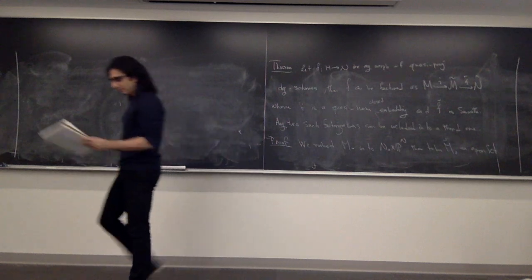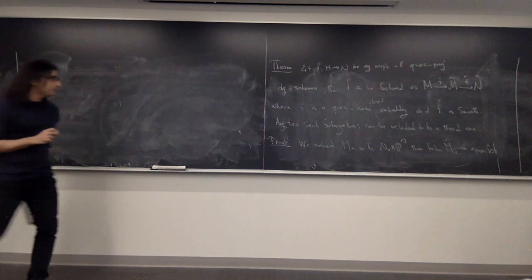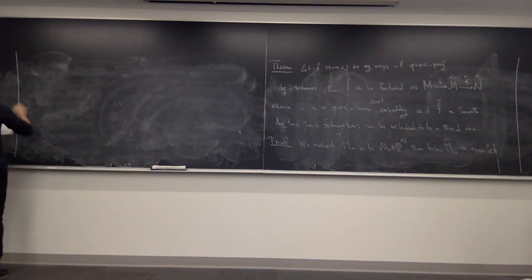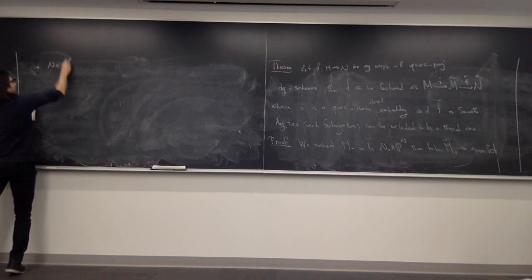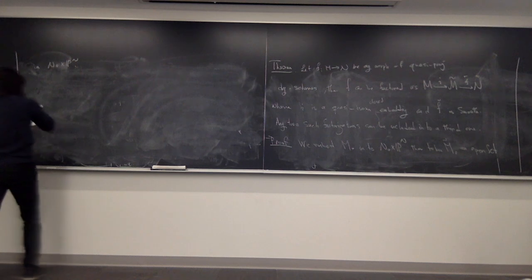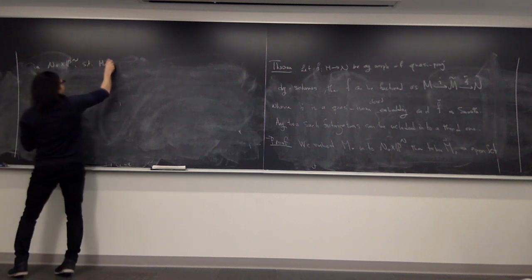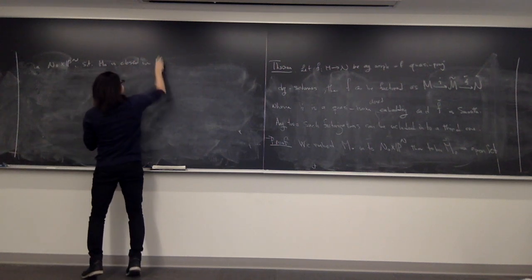So M0 is closed in M bar 0, taking M bar 0 as an open set in M0 times Pn such that M0 is closed in M bar 0.